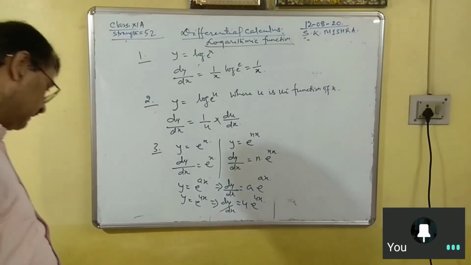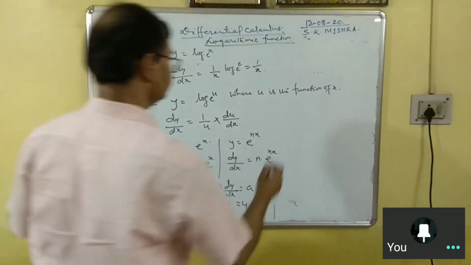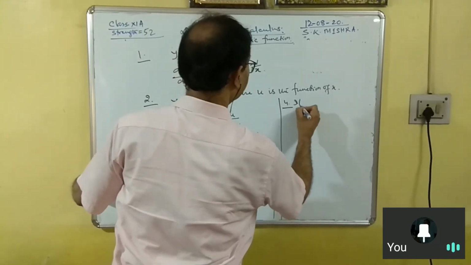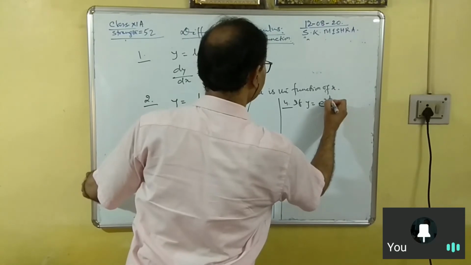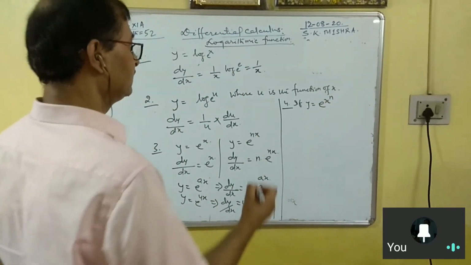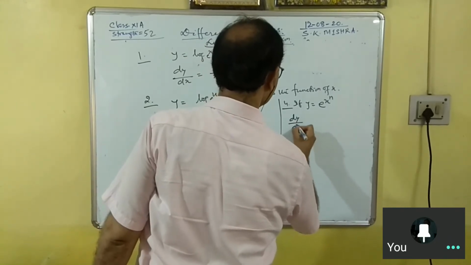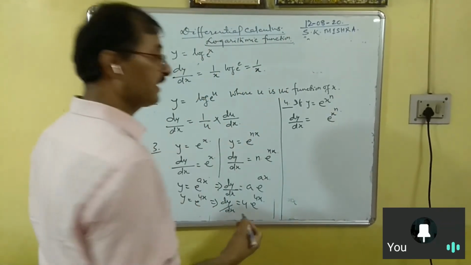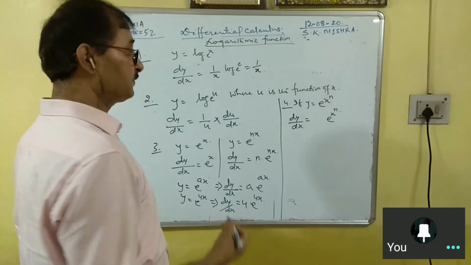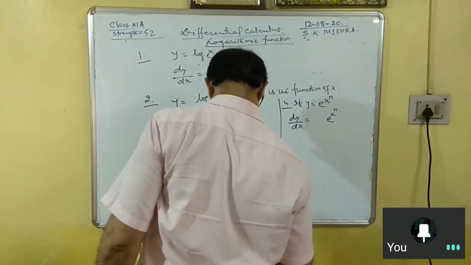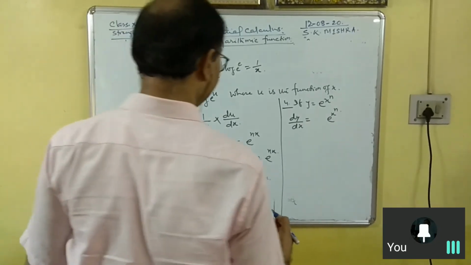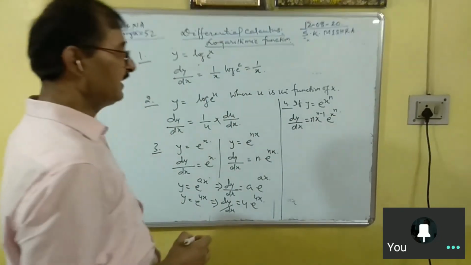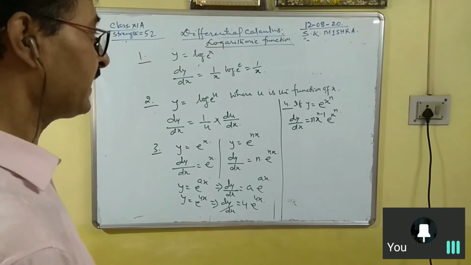Now if y is equal to e raised to x raised to n, then dy by dx is e raised to x raised to n, whatever it is, times the differentiation of x raised to n, which is n x raised to n minus 1. So it is n x raised to n minus 1 into e raised to x raised to n.